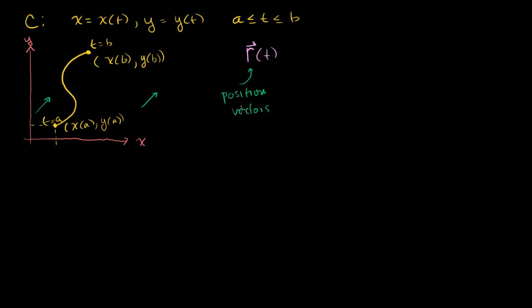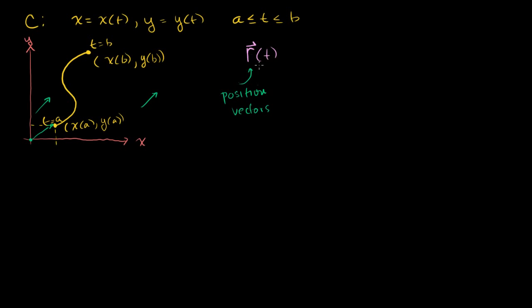But when you talk about position vectors, you're saying, no, these vectors are all going to start at the origin. And when you say it's a position vector, you're implicitly saying this is specifying a unique position. In this case, it's going to be in two-dimensional space, but it could be in three-dimensional space, or really even 4, 5, whatever, n-dimensional space. So when you say it's a position vector, you're literally saying this vector specifies that point in space.